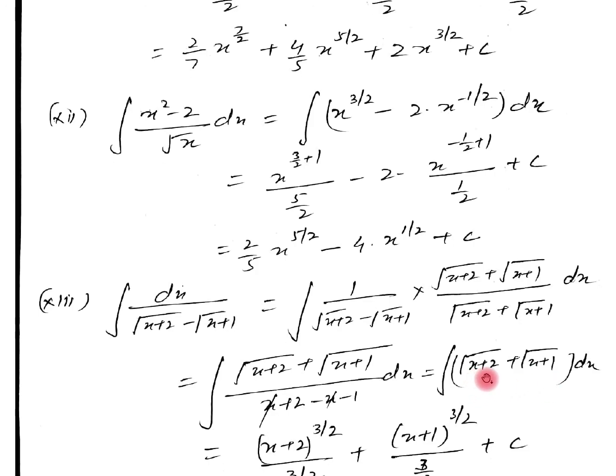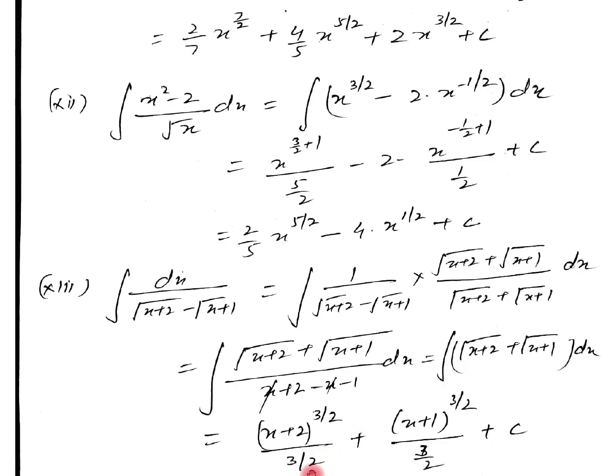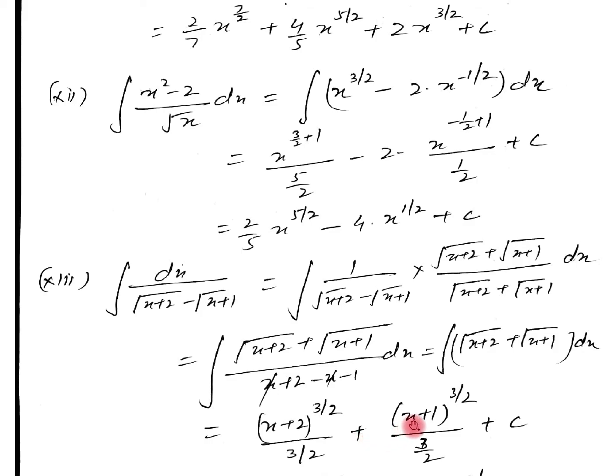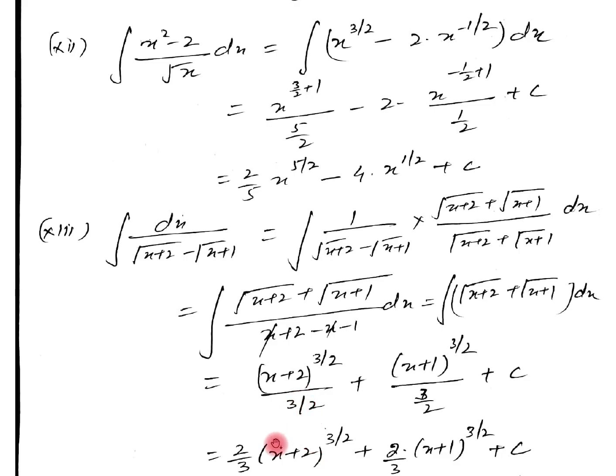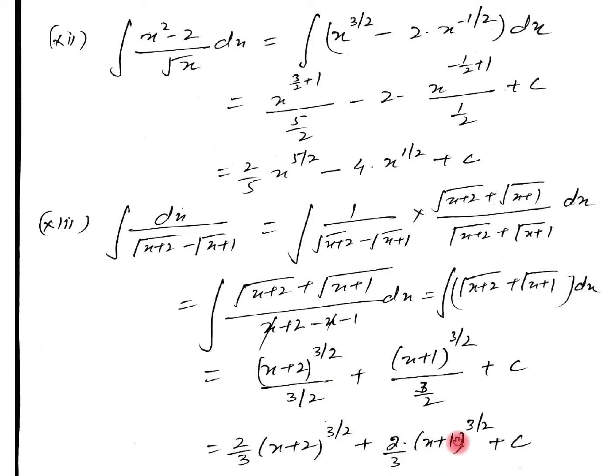Now the integral of this is what? x plus 2 whole power 1 by 2 plus 1, 3 by 2, upon 3 by 2, plus x plus 1 whole power 1 by 2 plus 1, 3 by 2, upon 3 by 2, plus c. So then again, simplifying, 2 by 3 x plus 2 whole power 3 by 2 plus 2 by 3 into x plus 1 whole power 3 by 2 plus c.